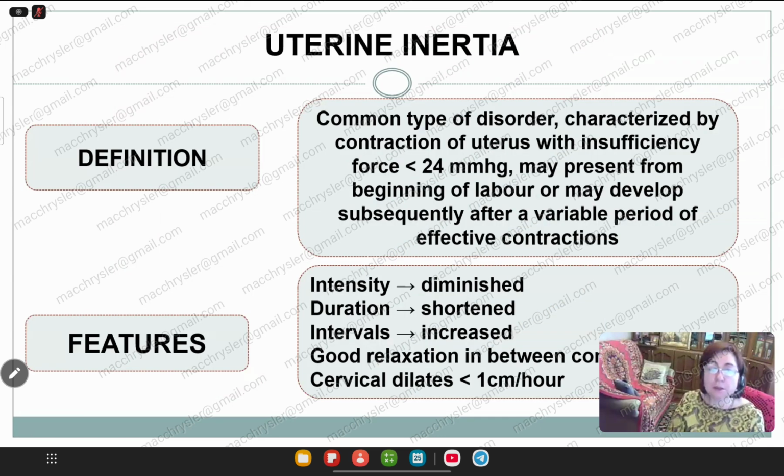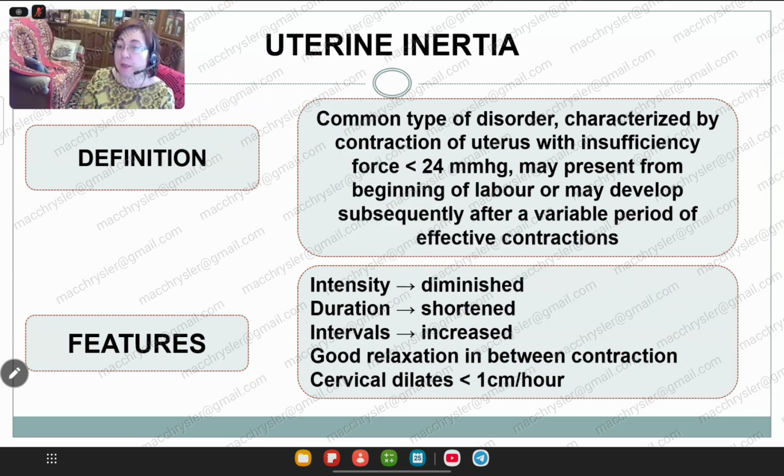Uterine inertia is the most common type of disorder, characterized by insufficient force. The intensity of contraction is weak, less than 24 millimeters of mercury. Also we have deviations: intensity of contraction diminished, duration short, intervals increased. How are we able to differentiate whether it is with normal polarity or abnormal polarity?